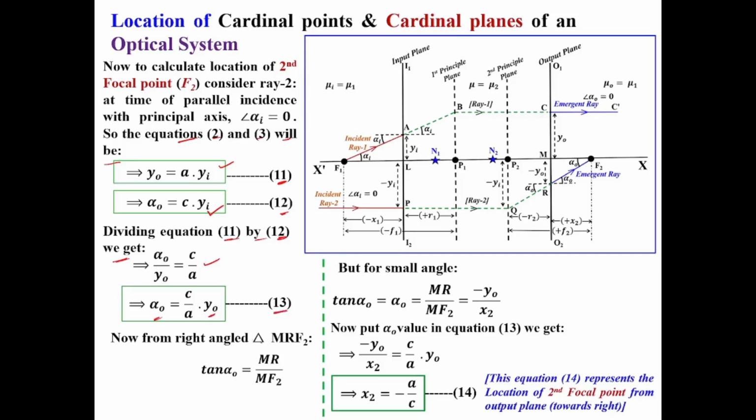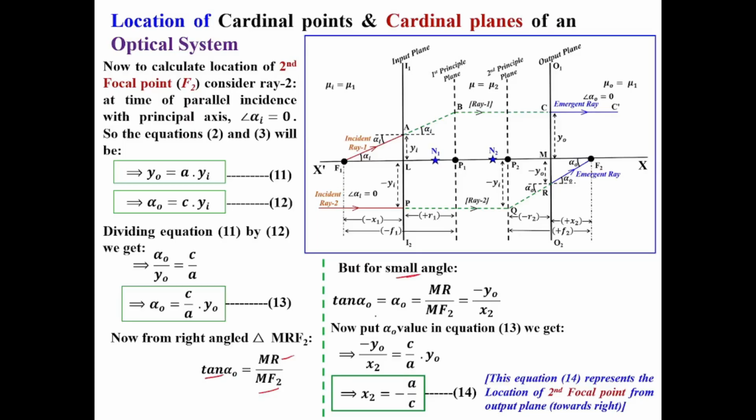Now consider the right angle triangle MRF2. Where is your MRF2? This is MRF2. This is your 90-degree angle, right angle. For this triangle, if I consider tan alpha o, that means this length MR by MF2. The same thing has been written: tan alpha o equal to MR by MF2.